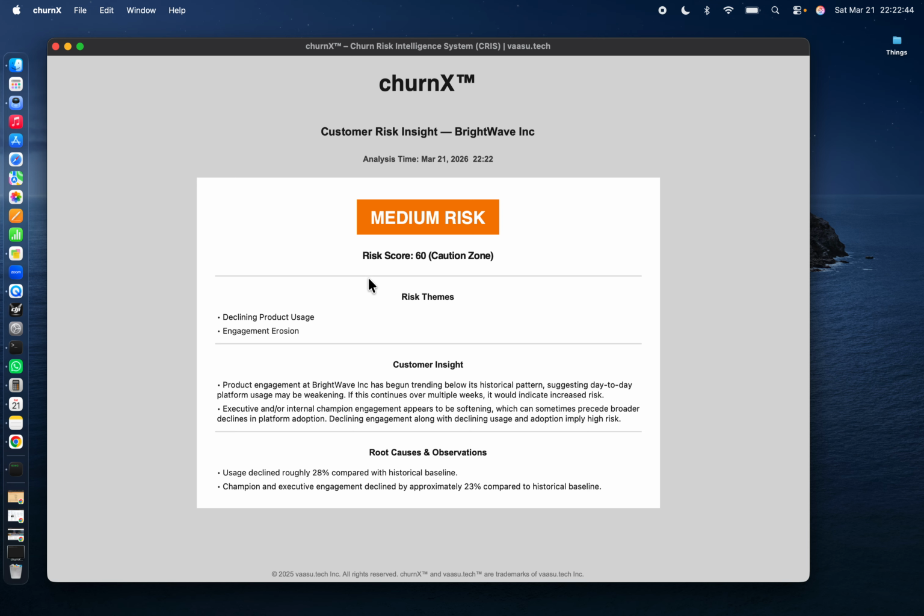For example, in this scenario, churnX sees Brightwave at medium risk of churn. It produces a churn risk score, which indicates a caution zone, kind of like watch carefully, observe, and follow. It produces churn themes or risk themes like declining product usage, engagement erosion, which we know from the previous screen are the signals we changed.